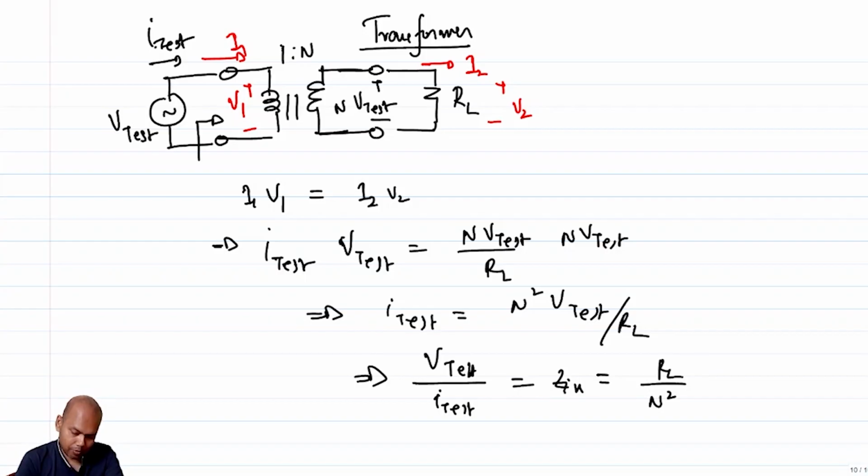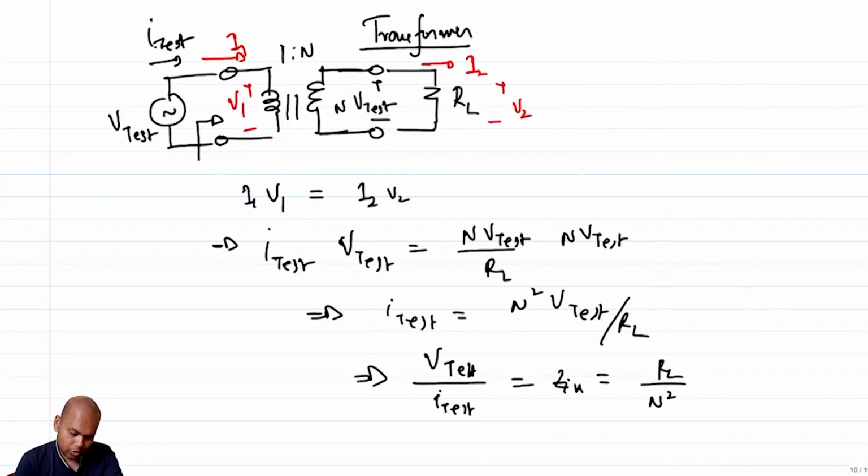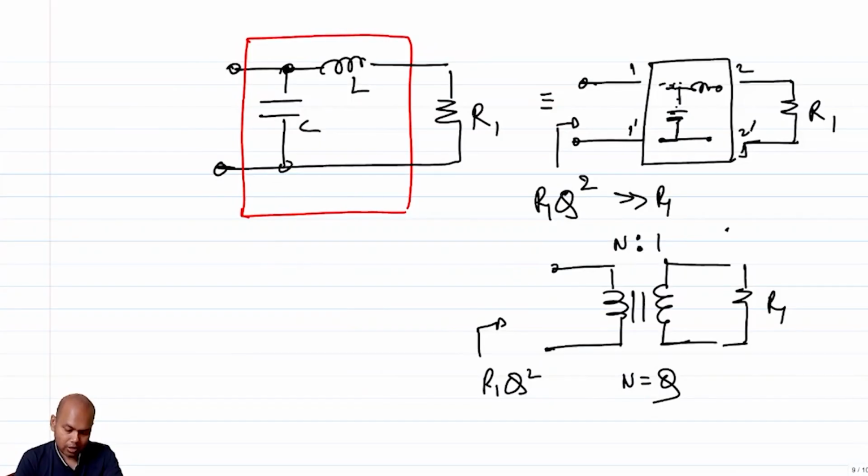And now compare to this situation. It looks like if we have a turns ratio of 1:n, the primary is 1, the secondary is n, the effective impedance gets transformed to RL over n squared. In this case, the effective impedance is increased to R1 times Q square. So then the turns ratio should be the other way around. It's basically Q:1.